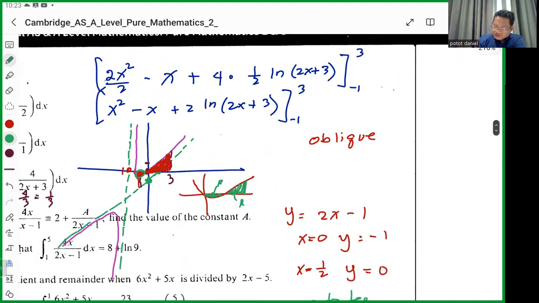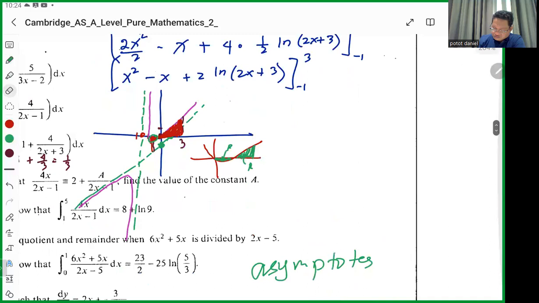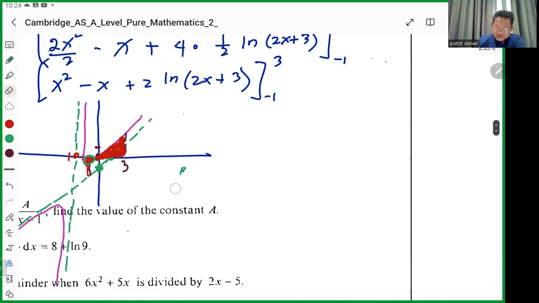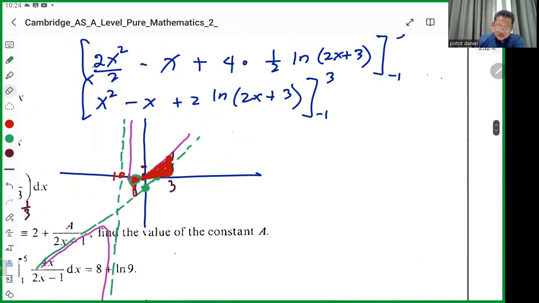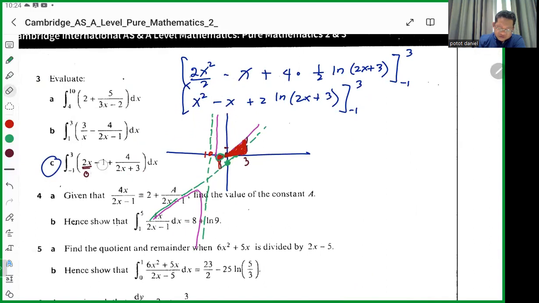So let me just erase this. Again, I apologize if you think it's too difficult. Actually, I just want you to visualize the graph, because if you are already in further math, then by just looking at the question like this, you can imagine what the graph of that is.